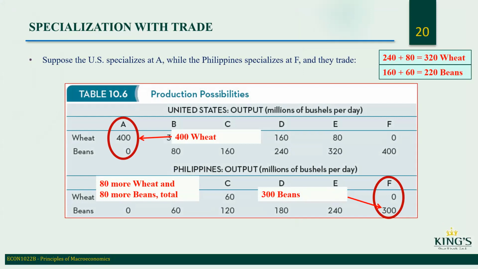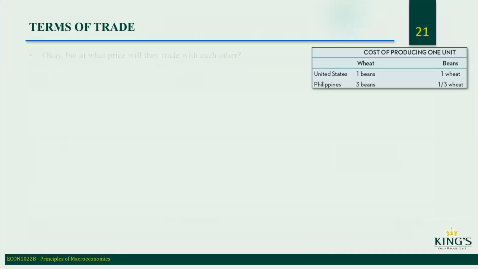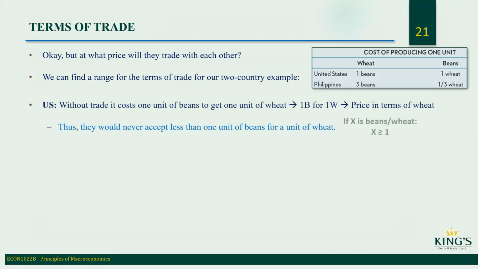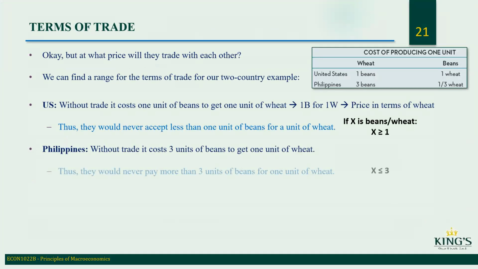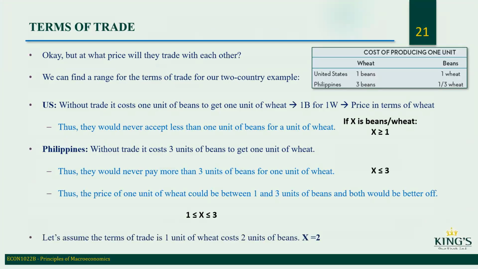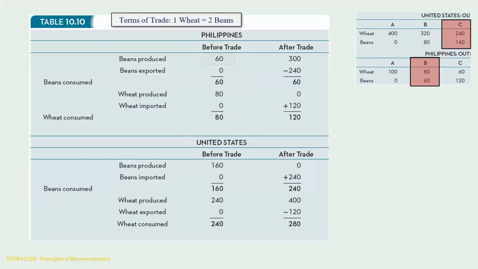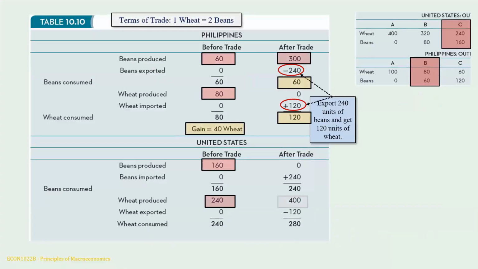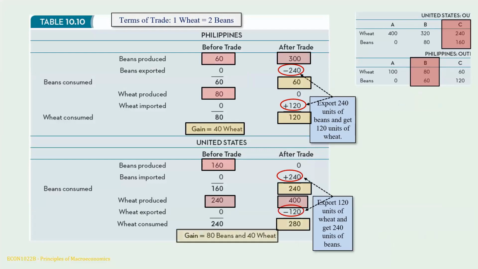So with trade, they would produce more wheat and more beans in this case. This part is beyond the scope here.